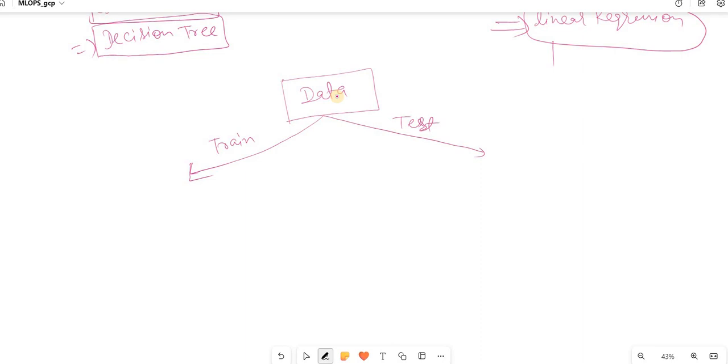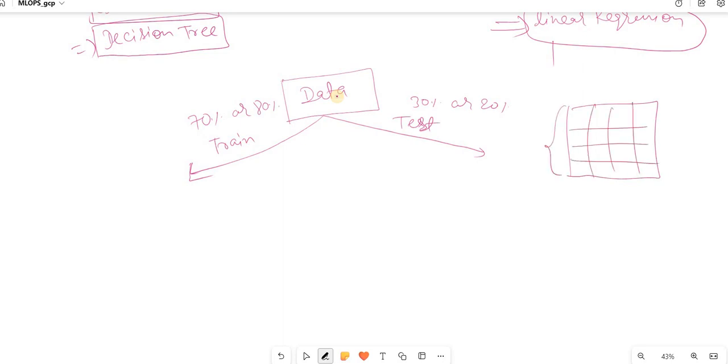Usually, from the entire data, we take 70% or 80% of the data as training, and 30% or 20% for testing. To be more specific, if this data has 100 rows and 4 columns, 70% of 100 is 70.